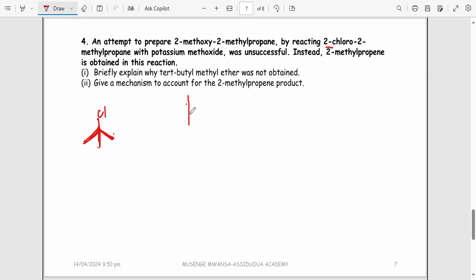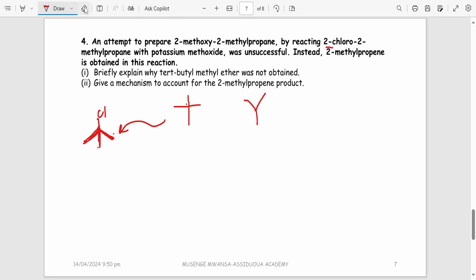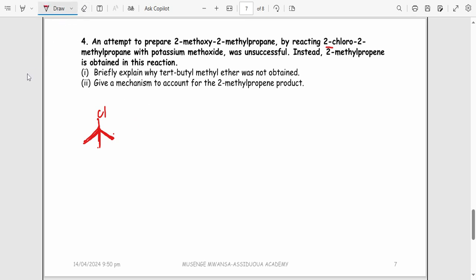If you see a compound that makes something like this, that is tert. For iso, you have 3 carbons and it makes a Y. So this is tert-butyl chloride. Now this is what we have, and we want to prepare 2-methoxy-2-methylpropane by reacting this compound with potassium methoxide.